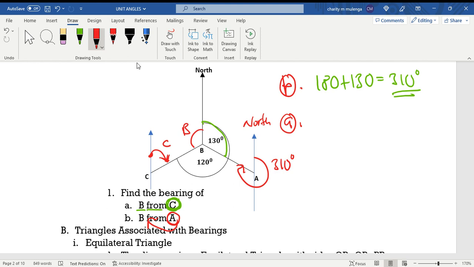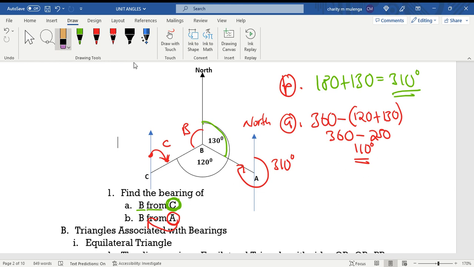All we do first, step number one, is 360 minus the sum of those two angles, 120 plus 130. So 360 minus 250. When you subtract these two values, it gives us 110 degrees. So in short, this angle there is 110 degrees.